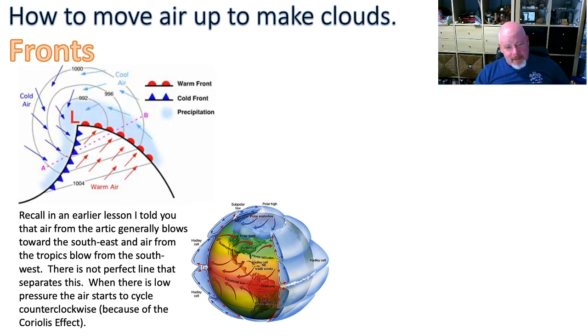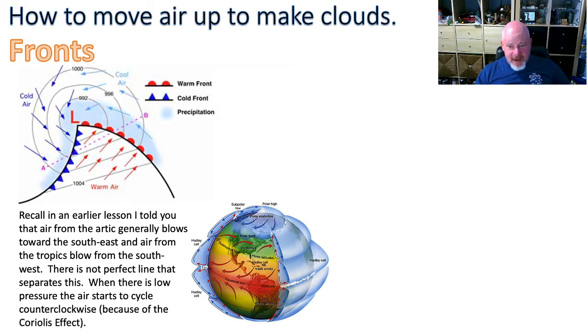When you have this line of warm air, in front of that line is what's called a warm front. In front of the cold air, we call that a cold front. So you're going to have a day where you're right here, and this whole low is moving towards the east. If you're right here, it's warm day, warm day, warm day, and all of a sudden it'll be cold day. That's why we call that a cold front.